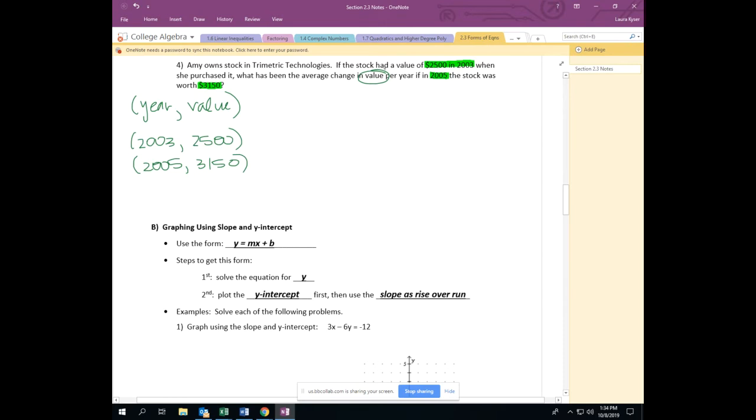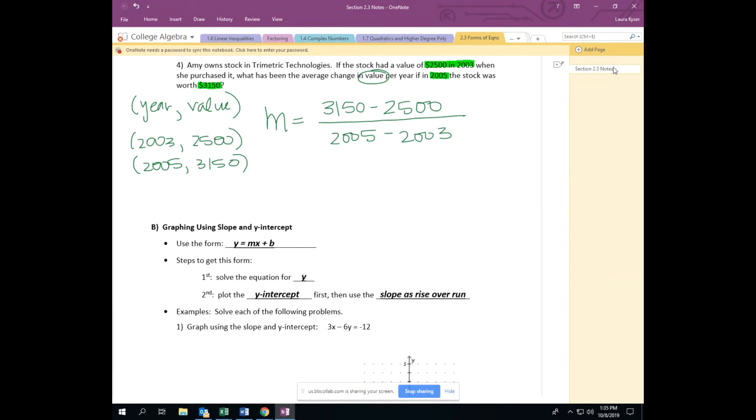And then we use the same slope formula that we use with any other type of numbers. These numbers are just a little bit bigger, but it doesn't matter. It's the same concept. M equals the change in y. So 3150 minus 2500 over the change in x, which is 2005 minus 2003.